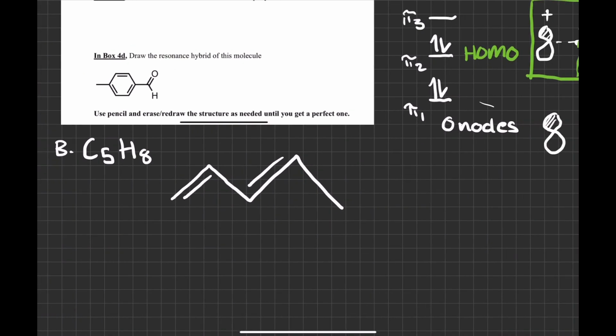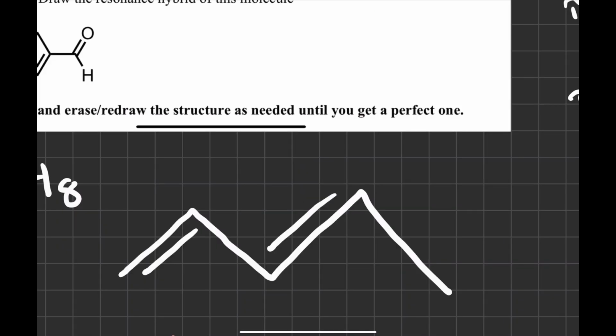And these 2 are in conjugation with one another. There's no sp3 atom interrupting the communication. Now let's count the hydrogens just to make sure we have 8. 1, 2, 3, 4, 5, 6, 7, 8. Therefore, this is the structure for part B.